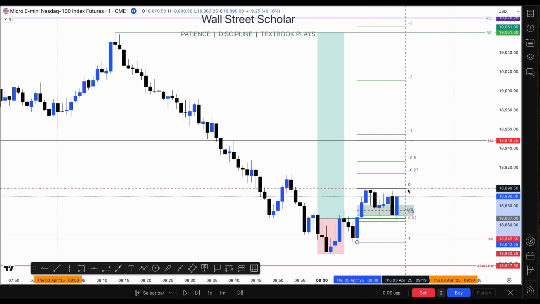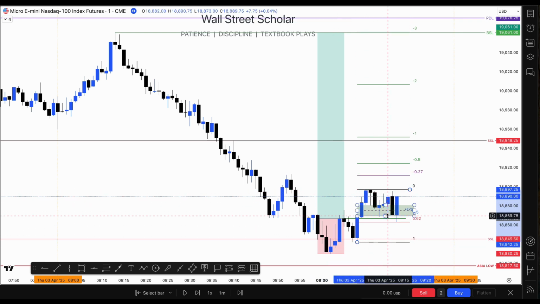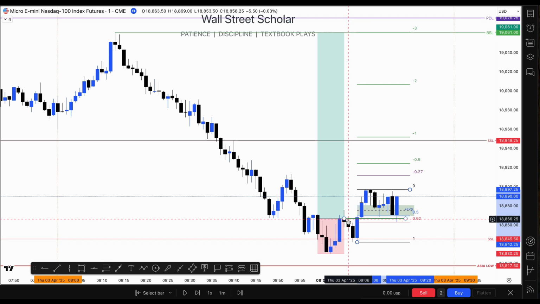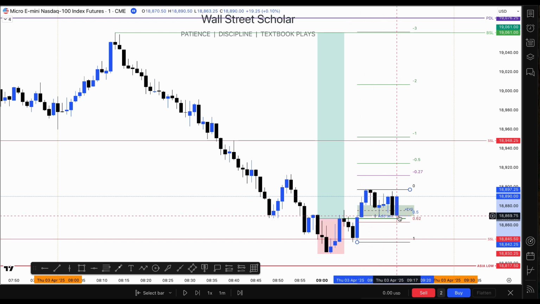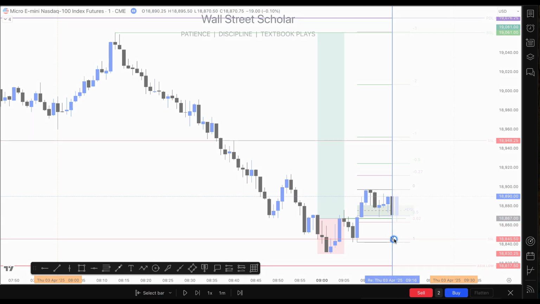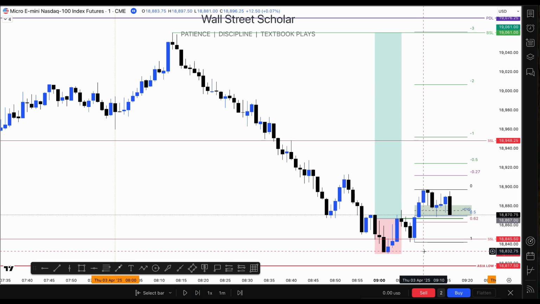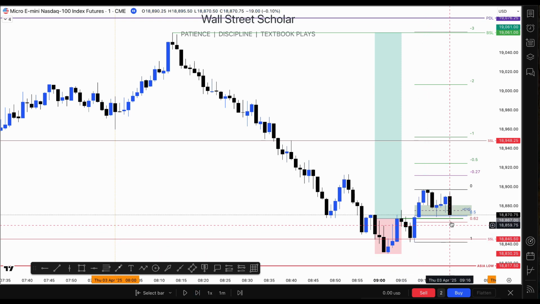Let's move this up. Our expansion, our retrace 50%. 50% comes back to our order block, comes back to our entry level. This is replay, so it's not perfect. Let's go back one candle. Since it's replay, we'll have to enter on this candle.